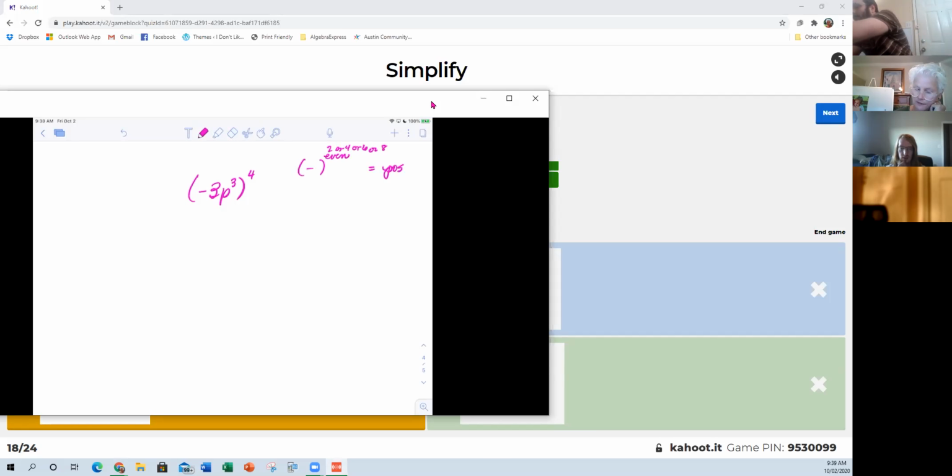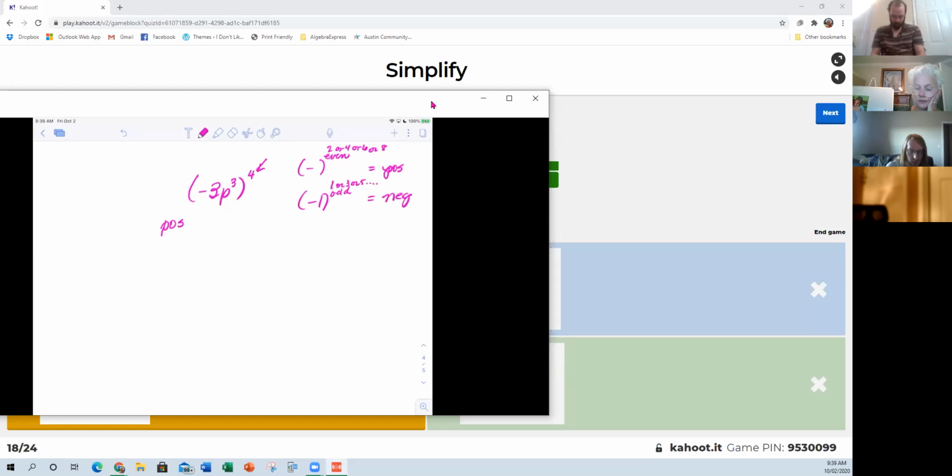And if you have a negative in parentheses to an odd power, like a 1 or a 3 or a 5, etc., then it's always going to be negative. So here we have a negative on the inside, and it's to the 4th power, so that means it's going to be positive. So we don't have to worry about that negative anymore at all.